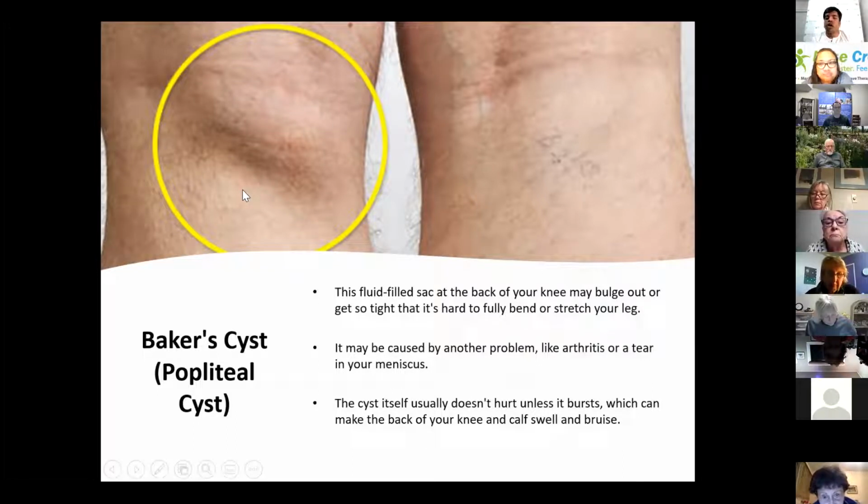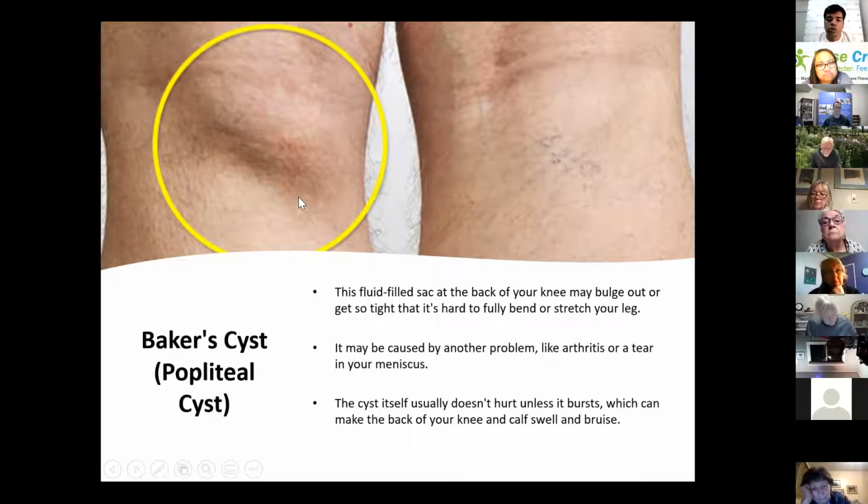There can be severe arthritis inside the joint bringing inflammation that accumulates fluid. It can be a meniscal irritation too. If it is too much, you can see the difference: the right side is the normal knee, whereas on the left side you can clearly see a swollen knee at the back.